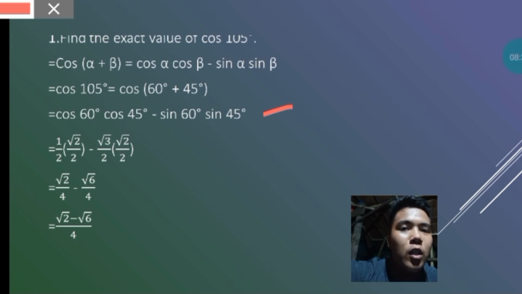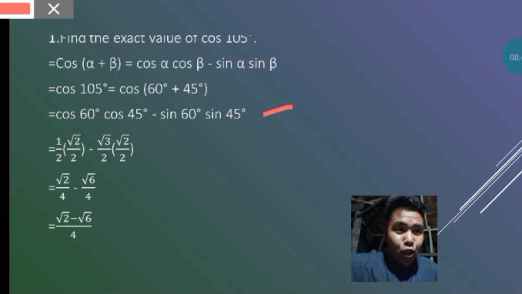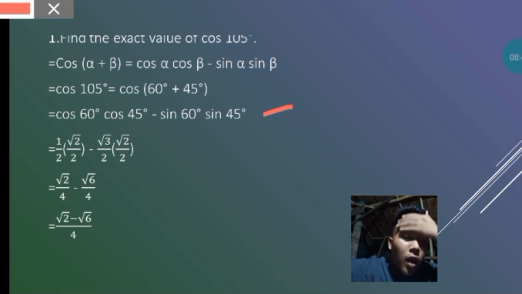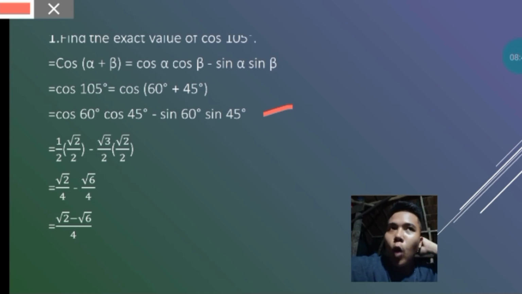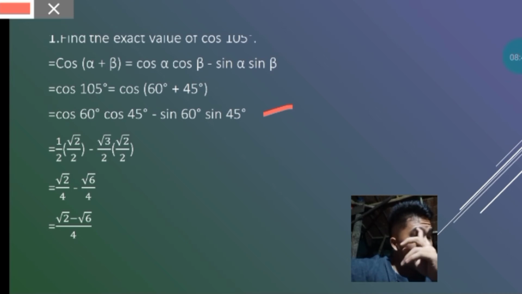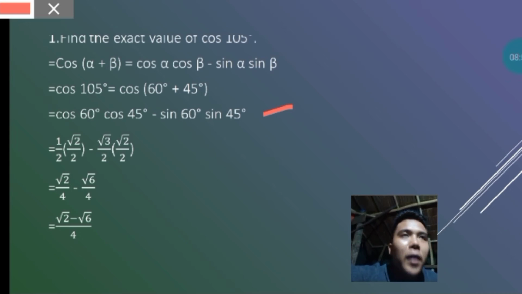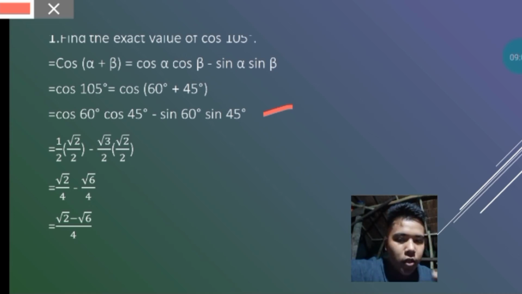So it will not stop in that portion, right? So you are going to find the values of cos 60, cos 45, sine 60 and sine 45. You can find the values already given, or in the table.